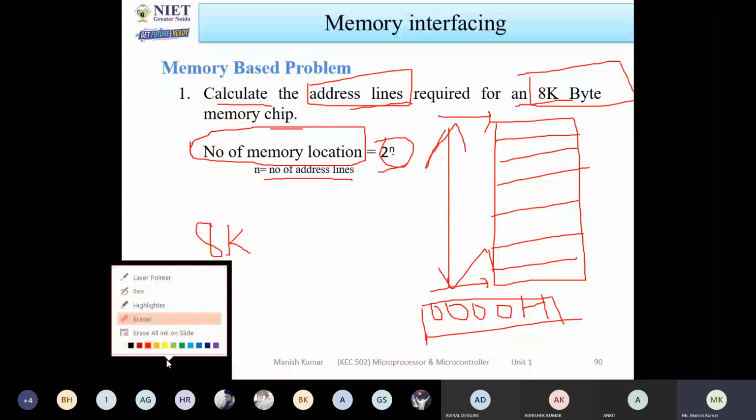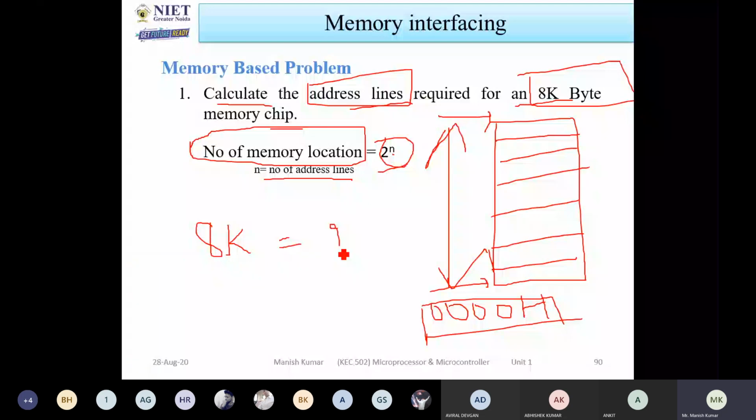This is equal to 2 to the power n. So tell me the value of n. 3. Tell me the value of n. How much? 3.